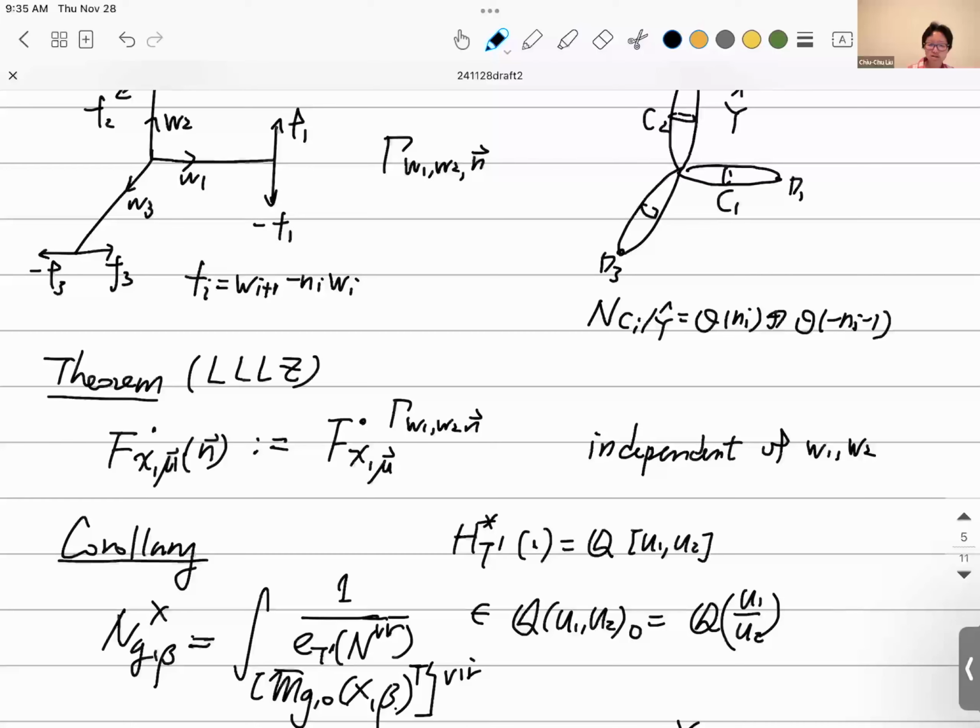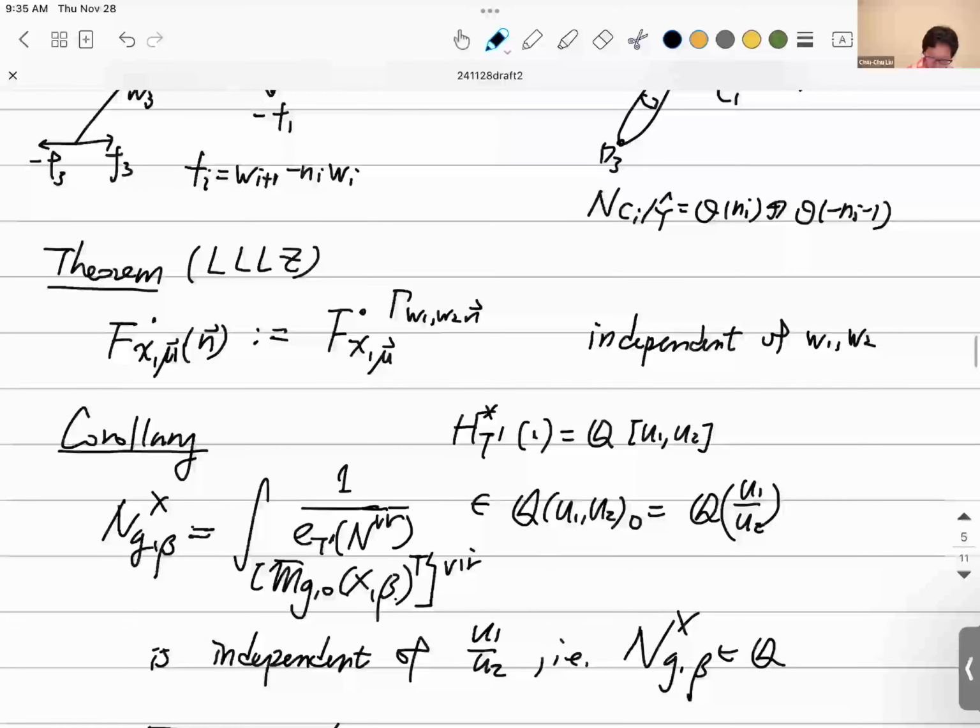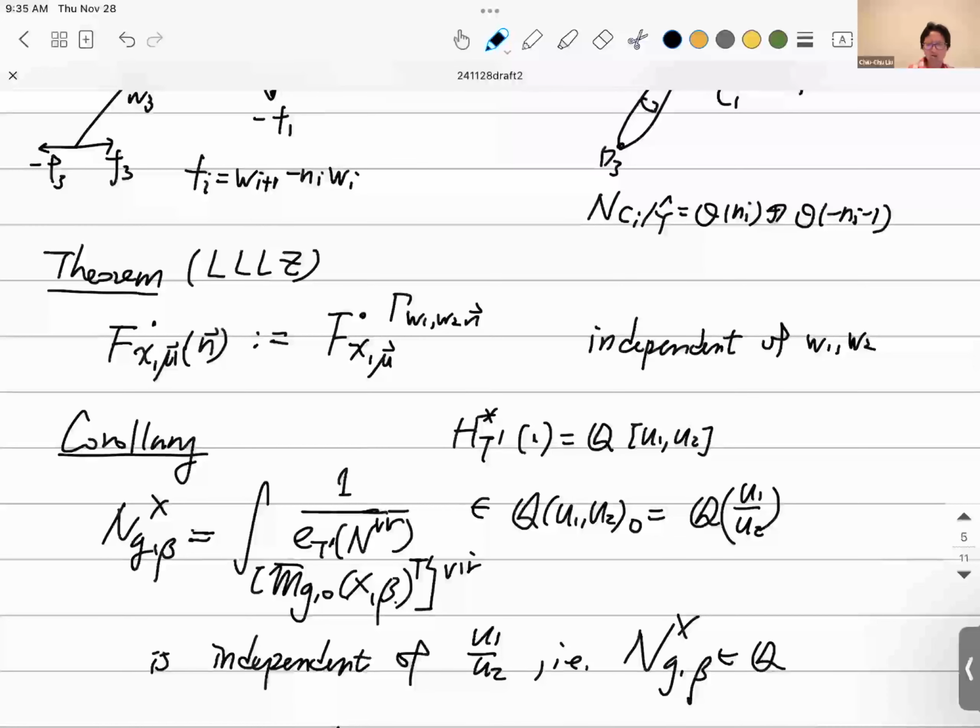Theoretically, it should depend on this; it's a rational function of this one variable. But a consequence of our technical lemma and our algorithm implies that this is actually just a rational number, independent of U1 over U2.